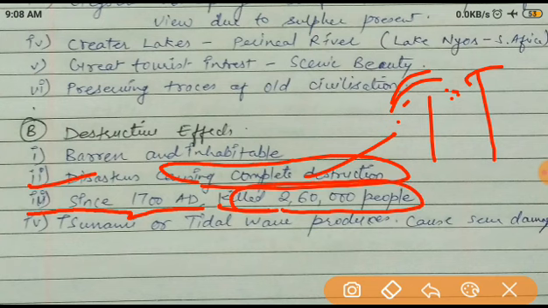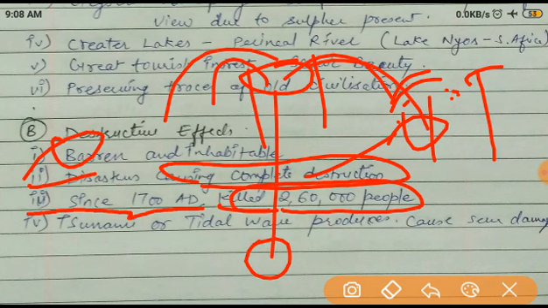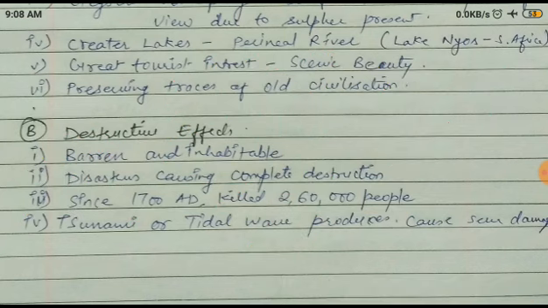Now listen, if this is a dormant volcano and people are living near that particular area, and suddenly it starts erupting, what will happen? These colonies are affected. Most of the people are not evacuated from here, and that's why they are not able to go from here. That's why these people were killed. So this is the data.